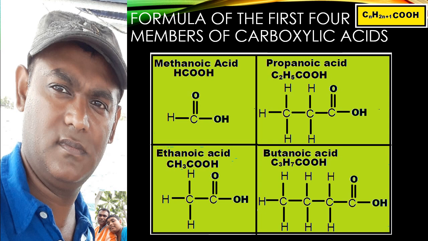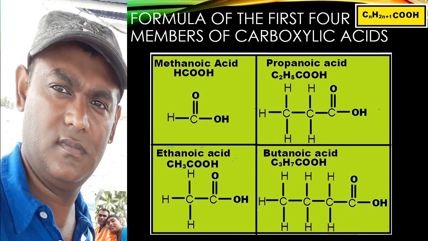You should remember that the functional group of carboxylic acid is COOH, and in each and every carboxylic acid the COOH group must be present. In the case of ethanoic acid, as the formula itself has a COOH carbon, the value of n turns out to be 1 and it becomes CH3COOH.